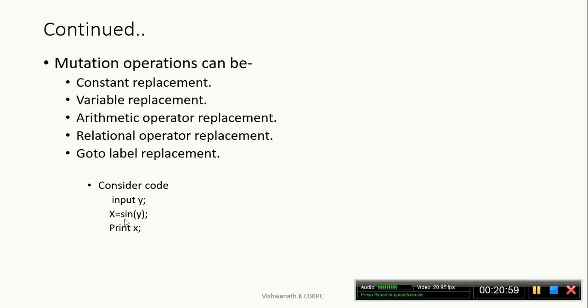If there is any problem in the sign function or method, then x is going to give an error. Now we need to alter and test this. This is mutation testing.